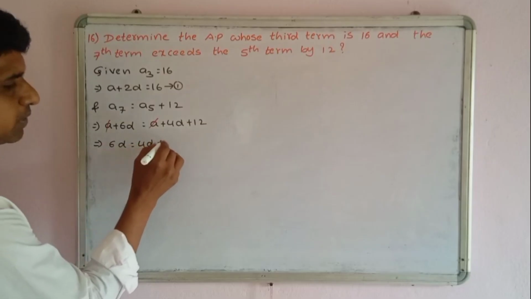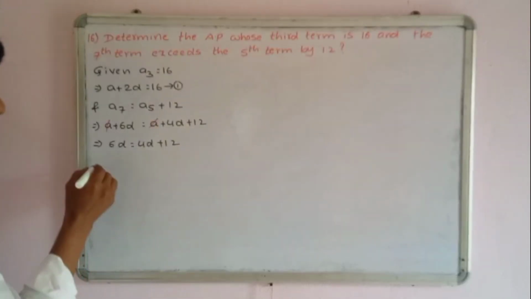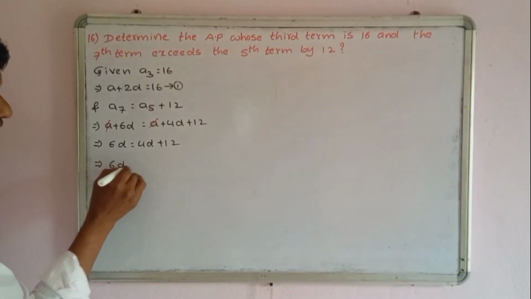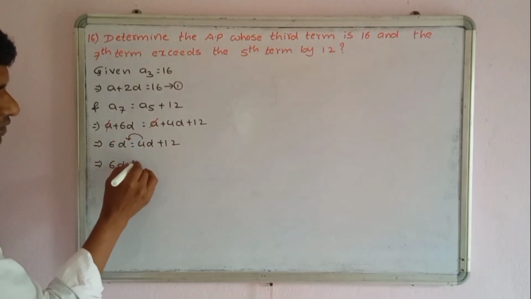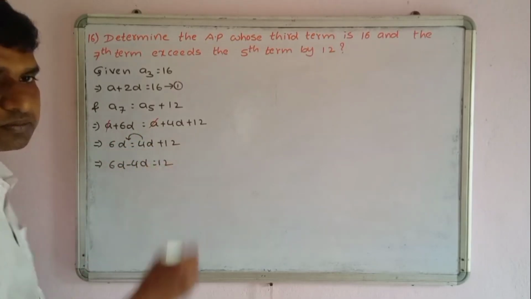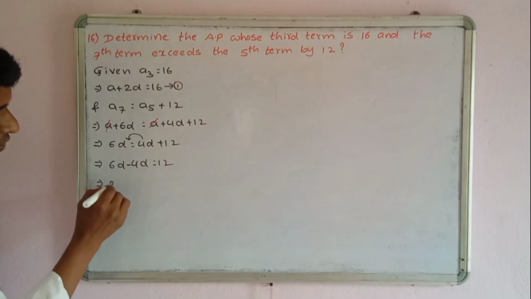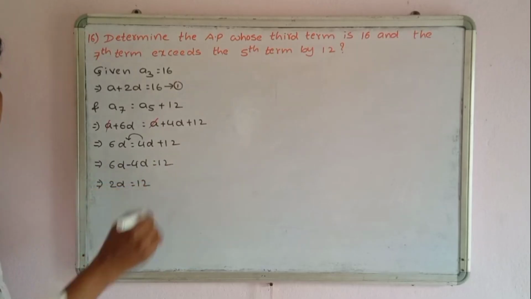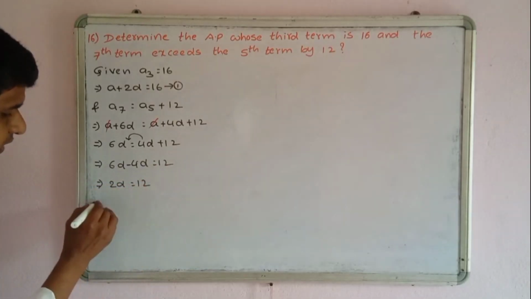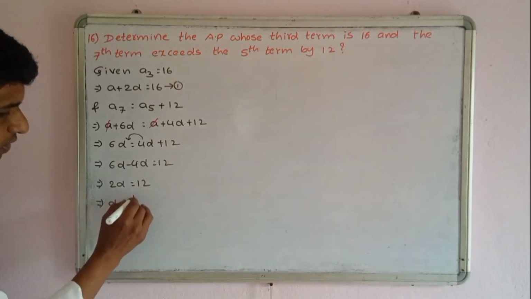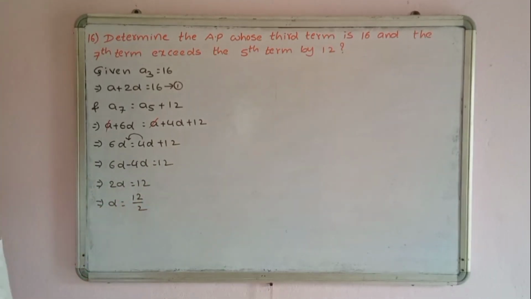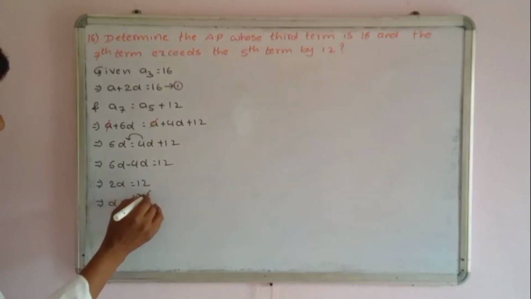4D plus 12. So 6D, transposing 4D to the left side, minus 4D equals 12. 6D minus 4D is 2D equals 12. So D equals 12 by 2, which is 6.